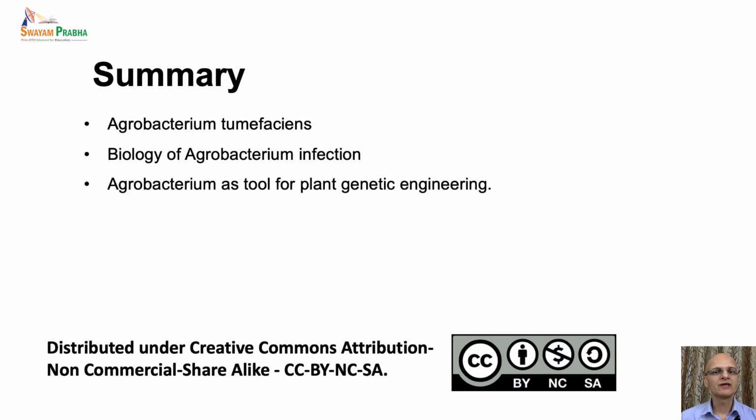So you will learn about the mechanism of Agrobacterium infection, how Agrobacterium infects plants and transforms them naturally to cause the crown gall disease. And finally, how can we use Agrobacterium as a tool for plant genetic engineering?